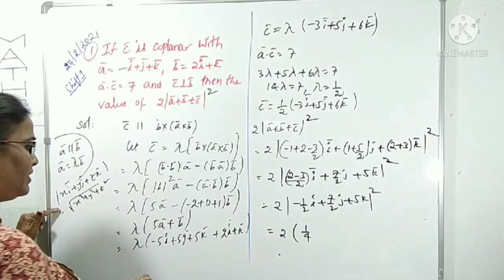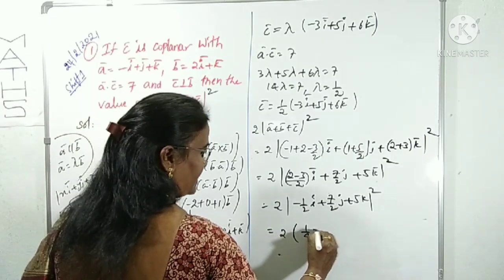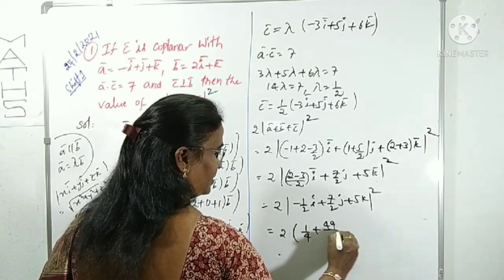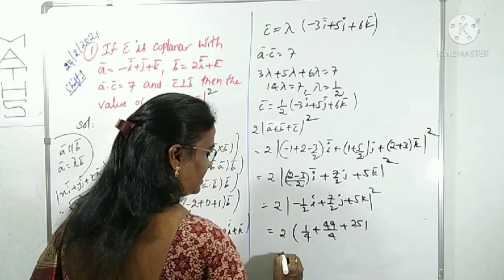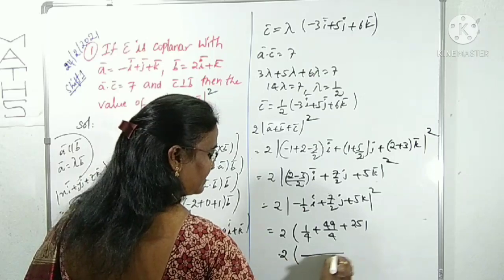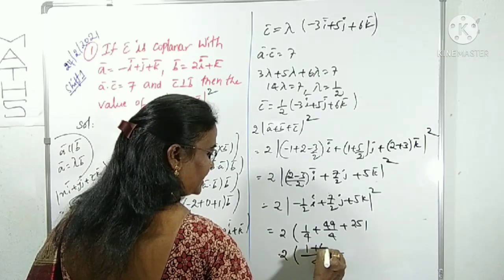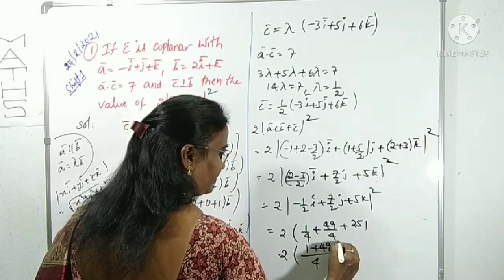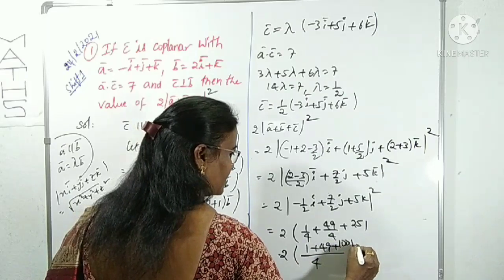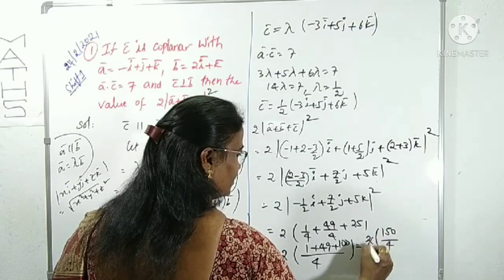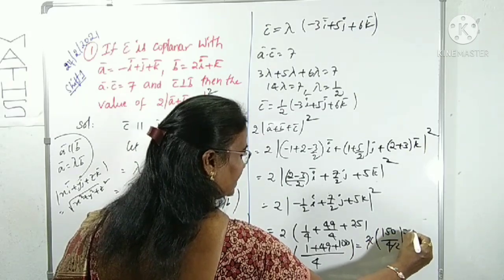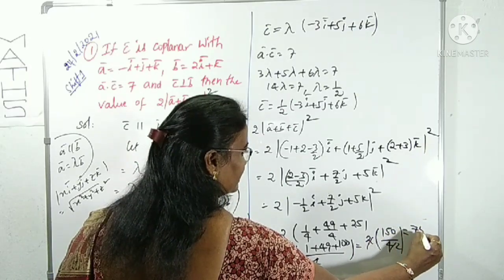We can use this formula: 1 by 4 plus y square, that is 49 by 4, plus z square is 25. Now this is simply 2 times, LCM is 4: 1 plus 49 plus 100, that is 150. So that is 2 times of 150 by 4. That is, 2 and 2 cancelled, again 2 cancels in 150, 75 times.